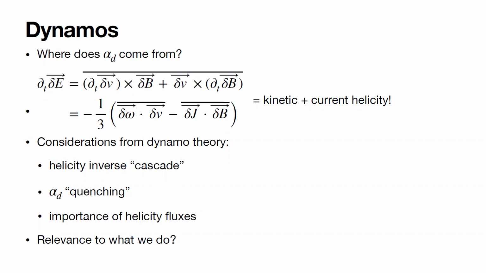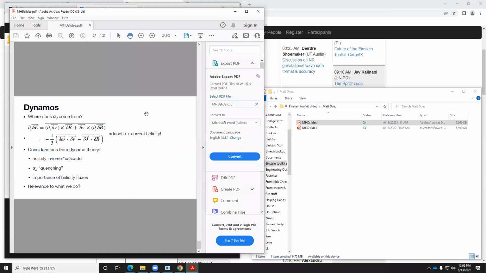And if you want to have a bigger field, one of the ways you can make this happen is you can suck current helicity out of the small scales, so that it takes longer for this to happen and you saturate at larger values. But again, helicity seems to be the conceptual key to understanding all this stuff. So, thank you.